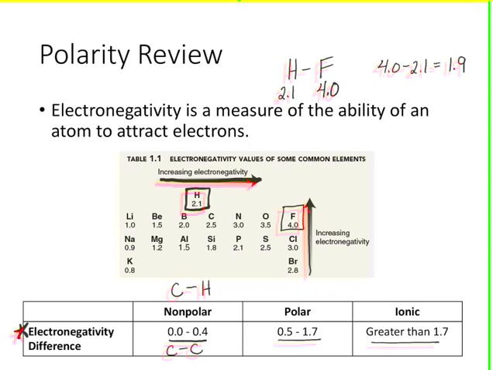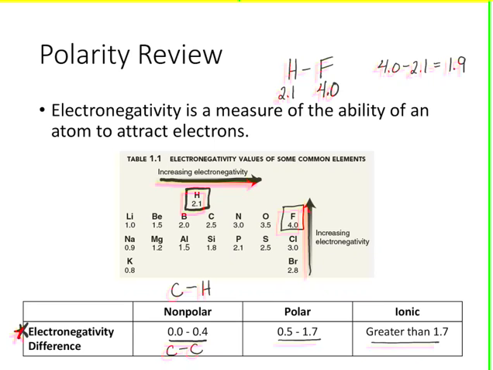So when we're looking up above at hydrofluoric acid, that has a difference of 1.9. So why is this still a polar covalent bond? Well, it has to do, again, with whether you have nonmetals or metals present.